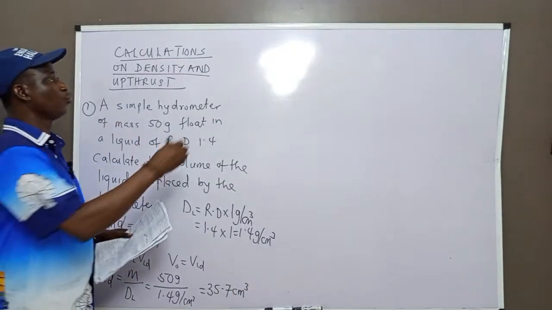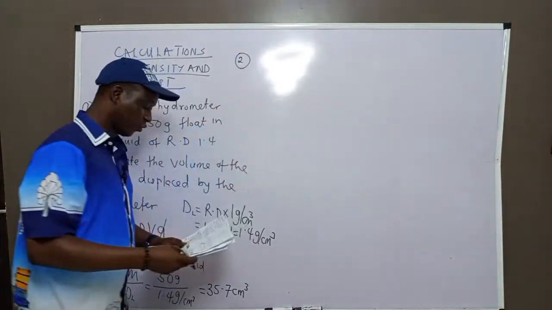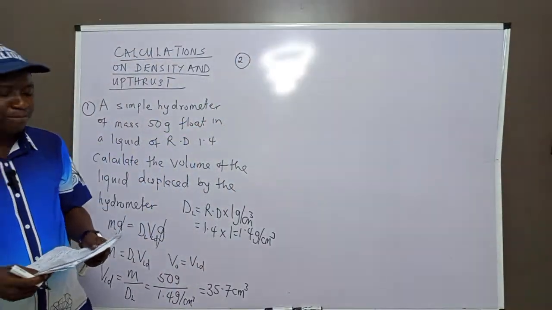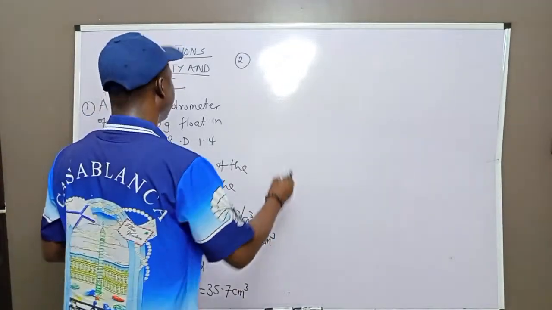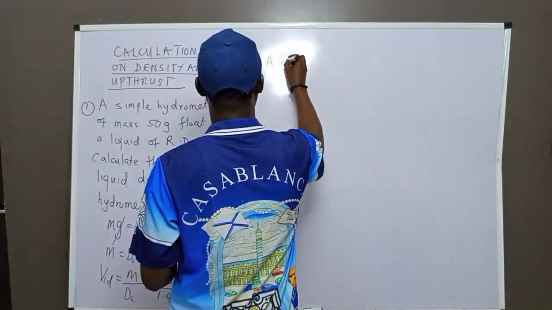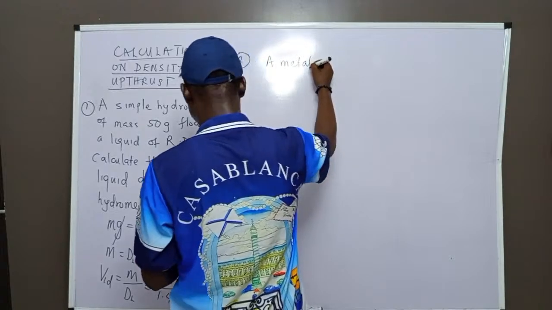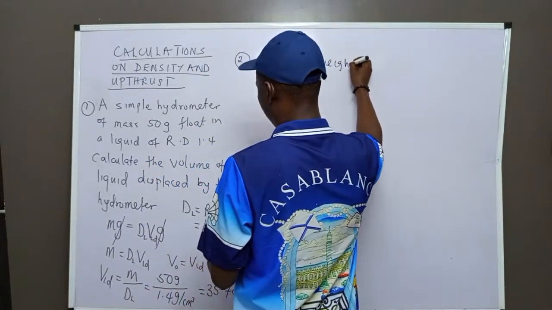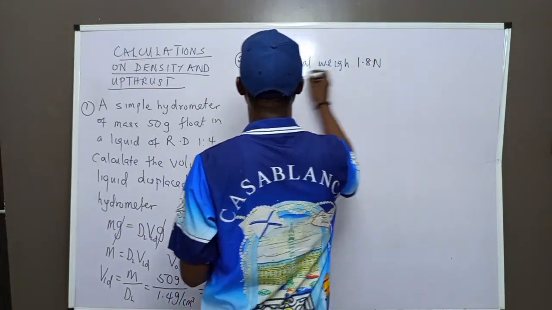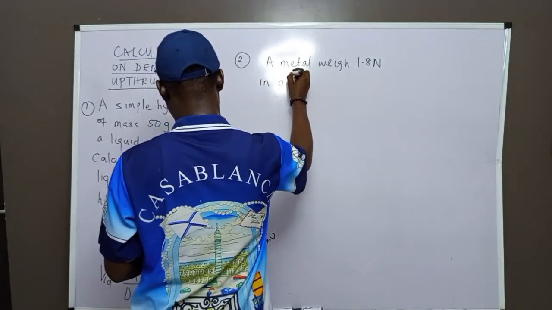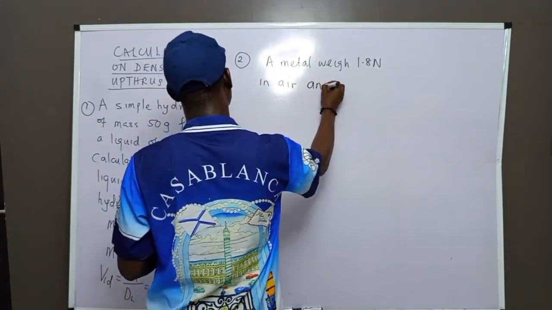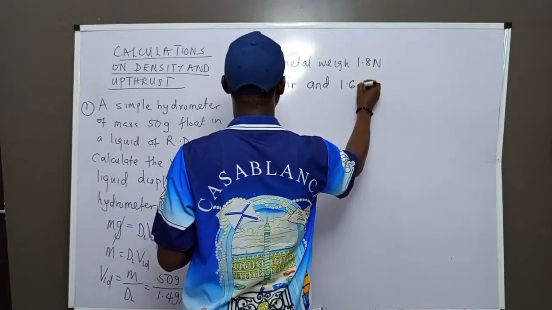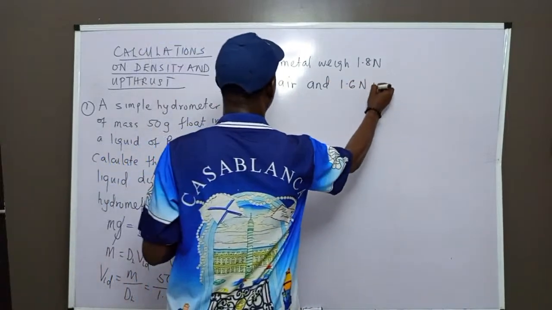Let's go to number two question now. Number two. They said a meter weigh 1.8 Newton in air and 1.6 Newton in water.